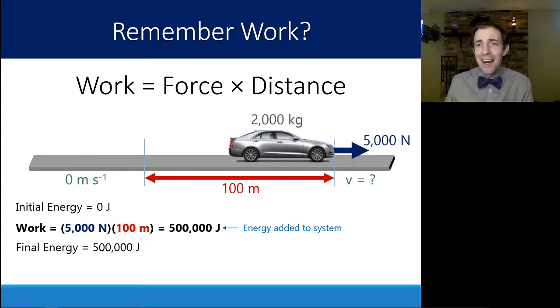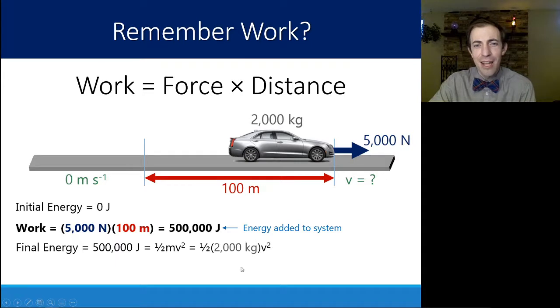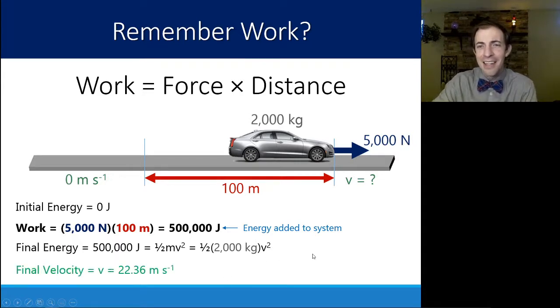We did not change its position at all to store up energy potentially. So all of this is kinetic energy, or 1/2 mass times velocity squared. If the mass is 2,000 kilograms, the only unknown is velocity, so I can calculate that. That is 22.36 roughly meters per second. So work was our way of adding energy to an object.